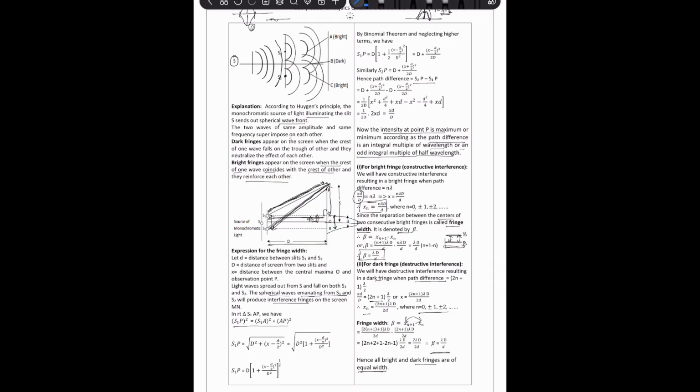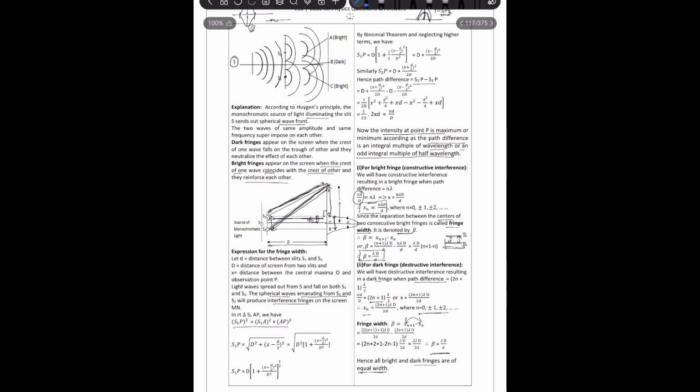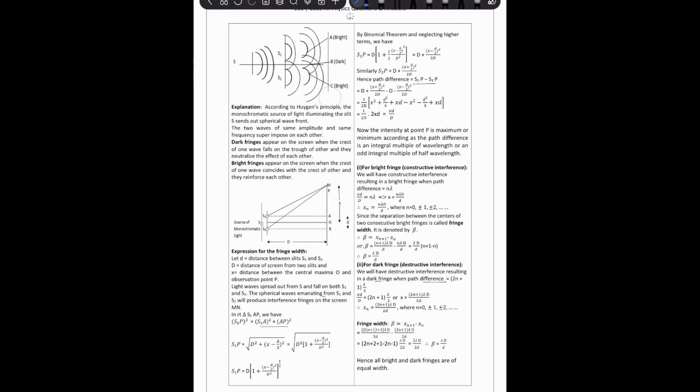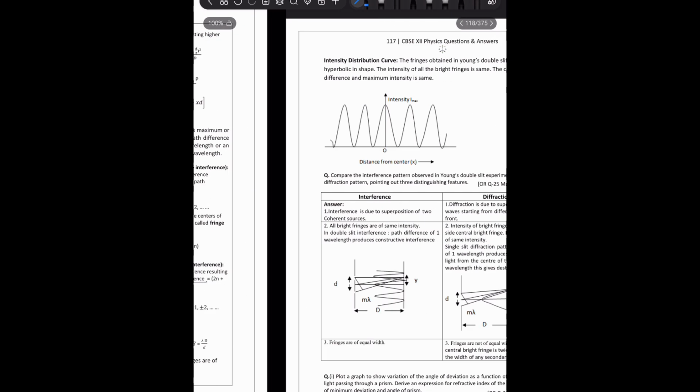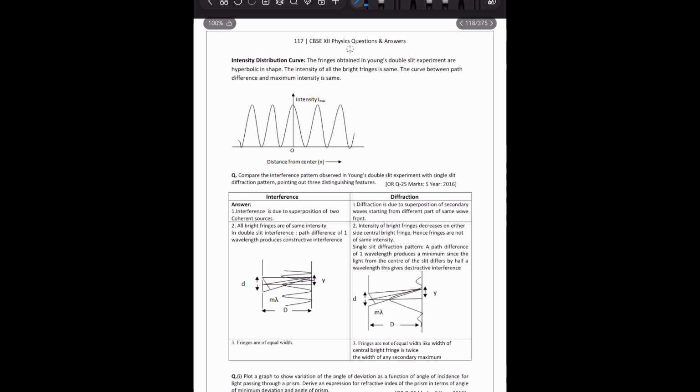So let's take the screenshot. Intensity distribution.